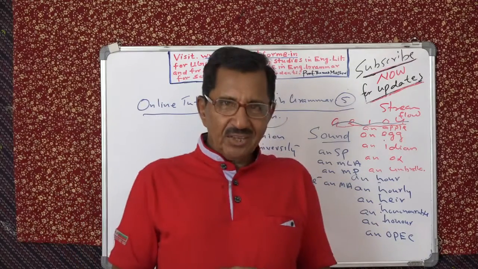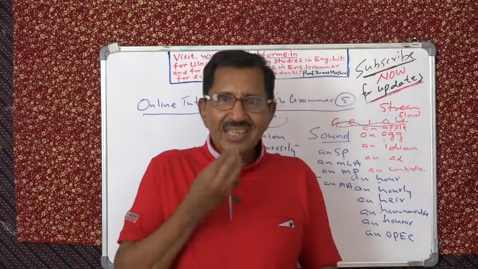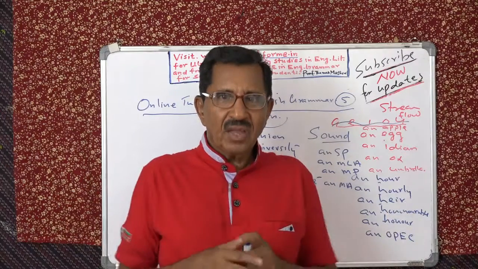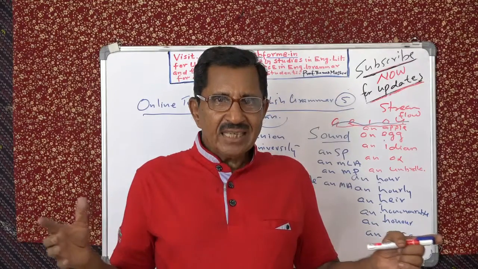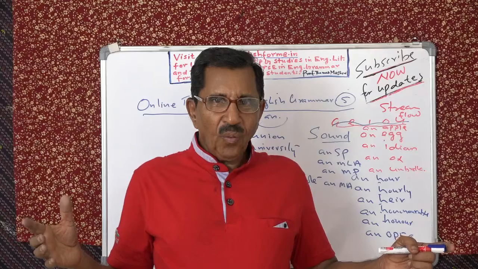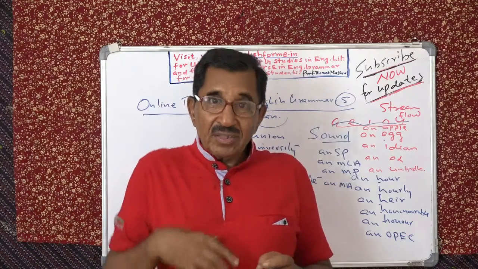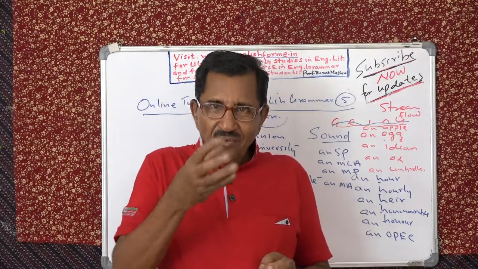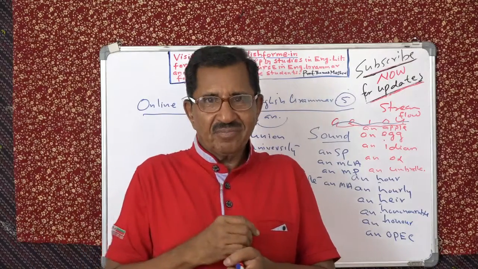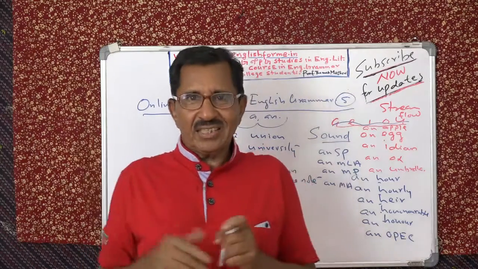Free means not that you need not pay anything, but there is no block. E, O. Consonant means the flow of air is blocked. That is a simple thing to understand.